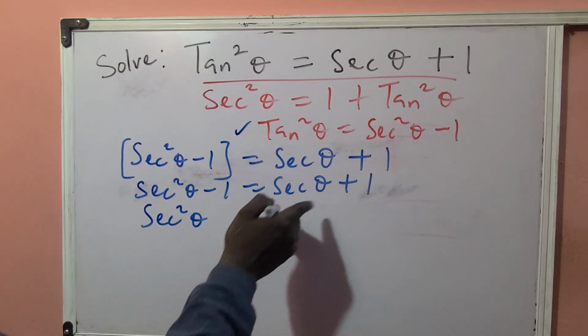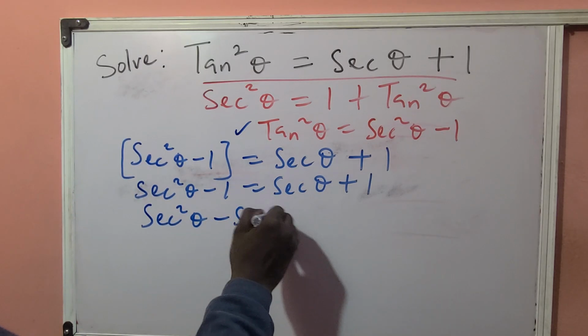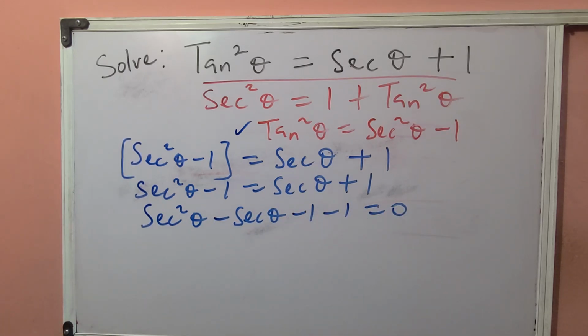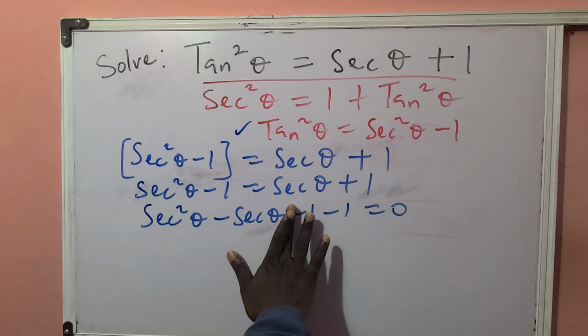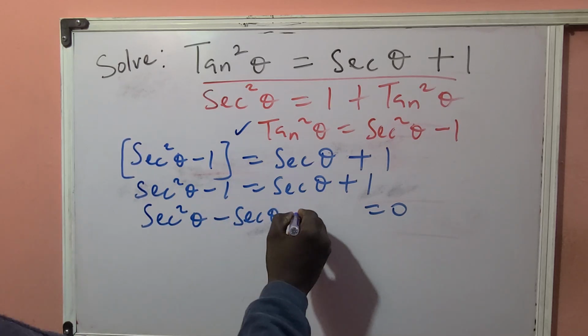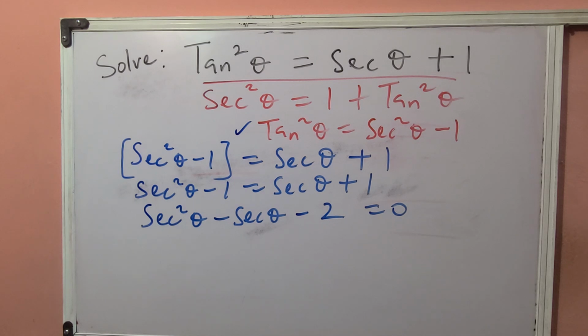So we have sec square theta minus sec theta minus 1 minus 1 equals 0, and minus 1 minus 1 condenses to minus 2. So this is the equation I'll be having. If you look carefully, you would see that this looks very much like a quadratic equation. Actually, it is a quadratic equation.